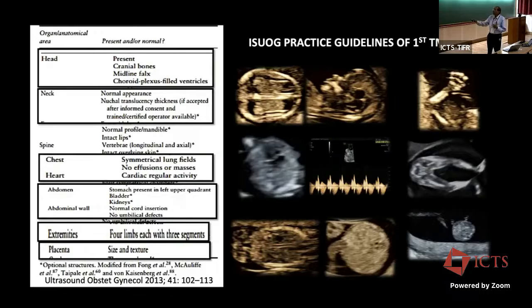Just take this one image alone. This is a picture of a baby's face at 11 to 14, around 12 to 13 weeks. And from this, I can actually diagnose 7 different abnormalities. By looking at this, I can say I have excluded 7 different abnormalities.